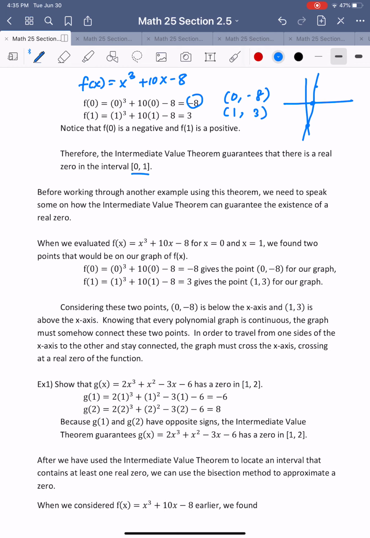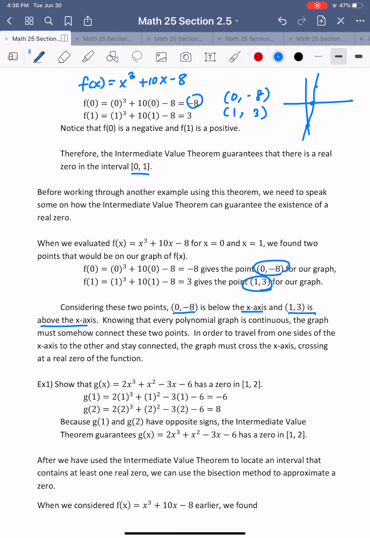Before working through another example using this theorem, we need to speak on how the intermediate value theorem can guarantee the existence of a real zero. When we evaluate f of x equals x cubed plus 10x minus 8 for x equal to 0 and x equal to 1, we found two points on the graph of f of x. The point 0, negative 8 is below the axis, and 1, 3 is above the axis.